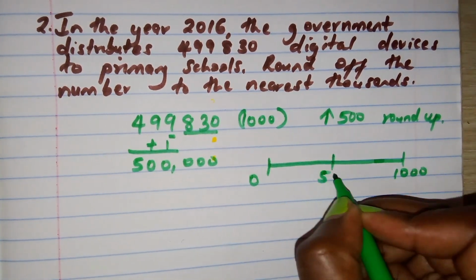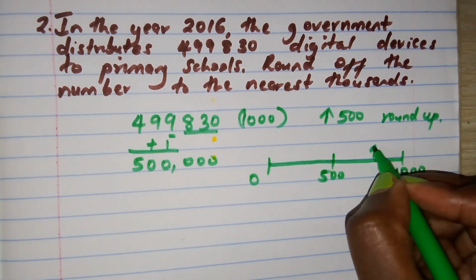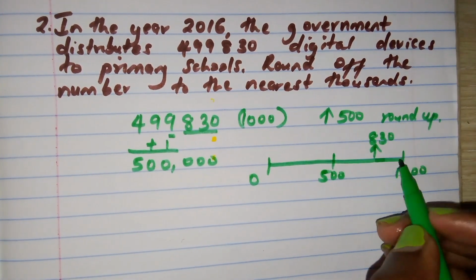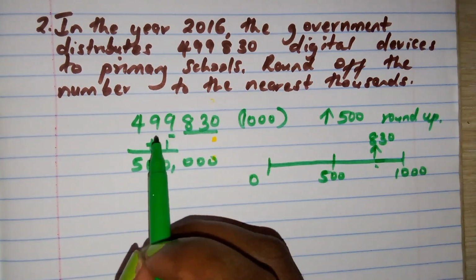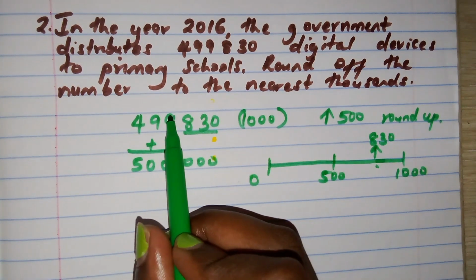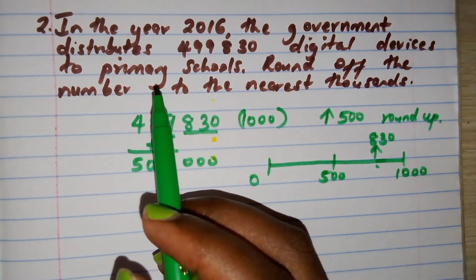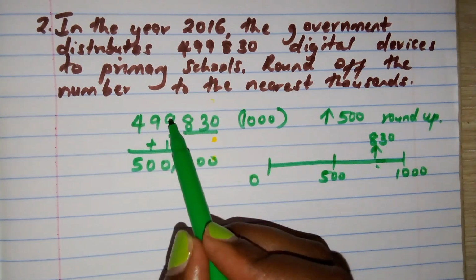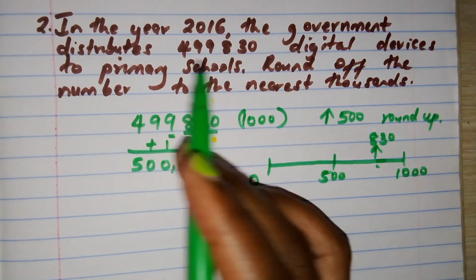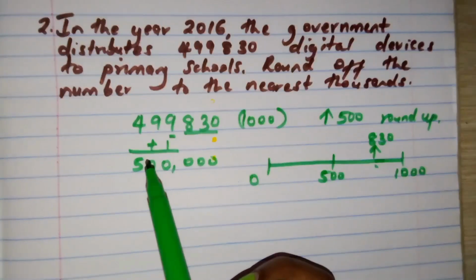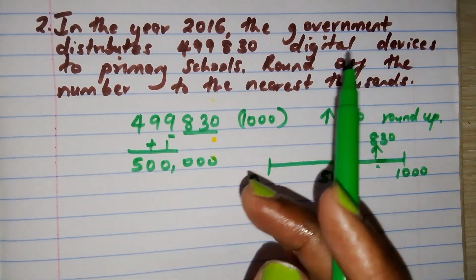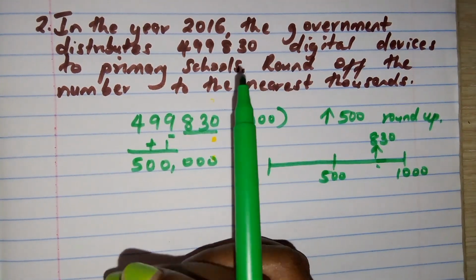So in the middle we have 500, 830 would be somewhere there. So it's closer to 1000, meaning we need to round it up by adding 1, so it becomes 500,000. So the approximate value would have been 500,000 digital devices.